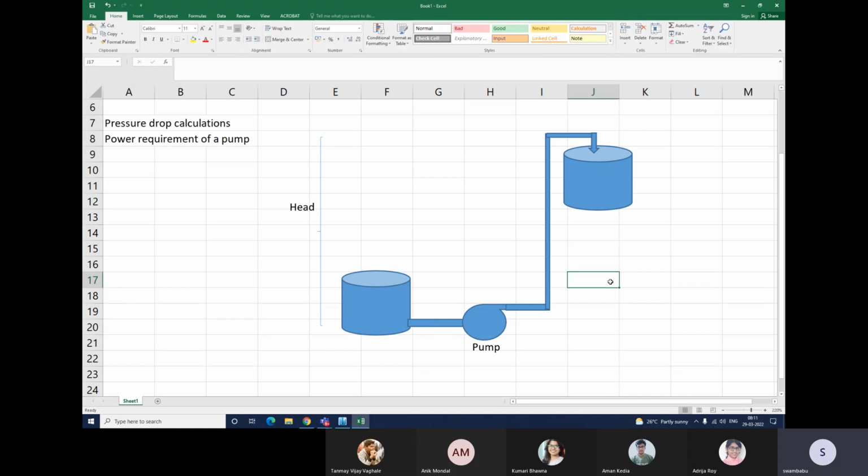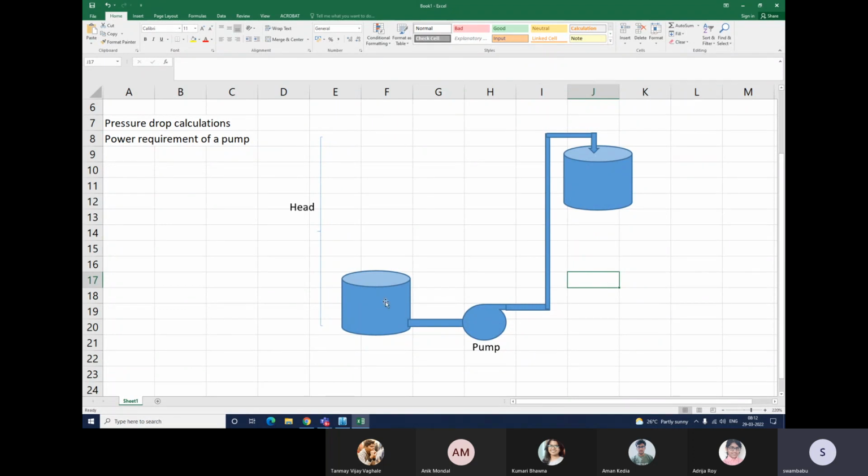These two are the important specifications for the required pump. If you keep a lower power pump than the required one, definitely it doesn't meet the requirement. At the same time, if you keep a very high one, it will give a lot of flow rate. Again, you need to have a lot of control systems to regulate it. So there always has to be some optimum value which we need to give for the pump calculations.